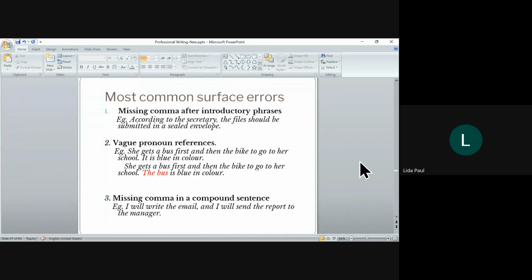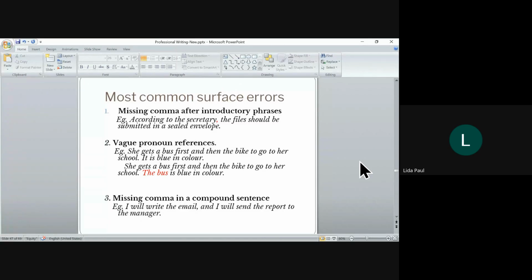The file should be submitted in a sealed envelope, right? A good sentence in English, subject, verb, agreement, everything in place. According to the secretary is an introductory phrase which has been additionally attached to this sentence to provide some details, right? So that phrase needs to be separated from the main sentence, the main clause, with a comma, right?